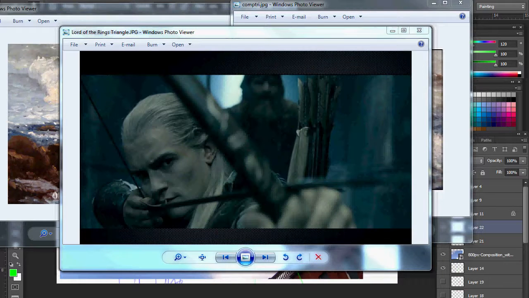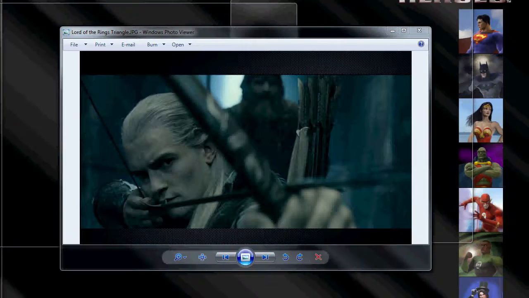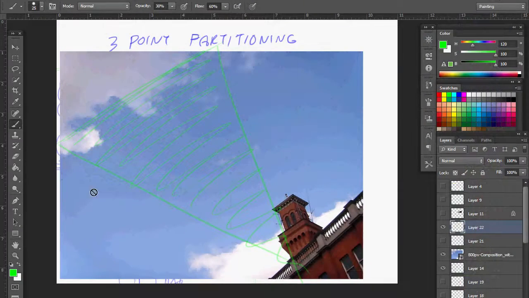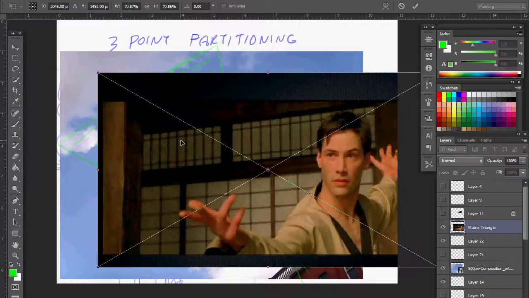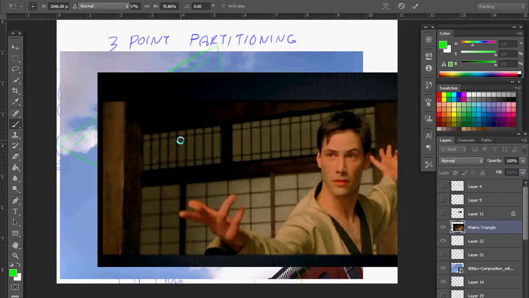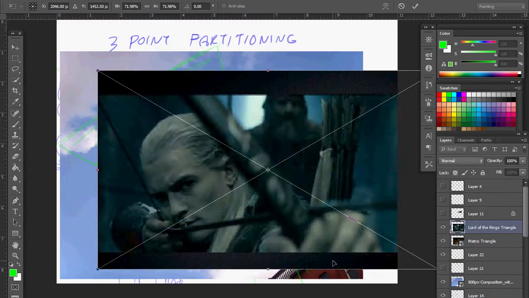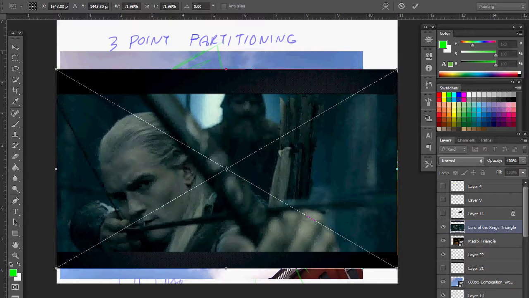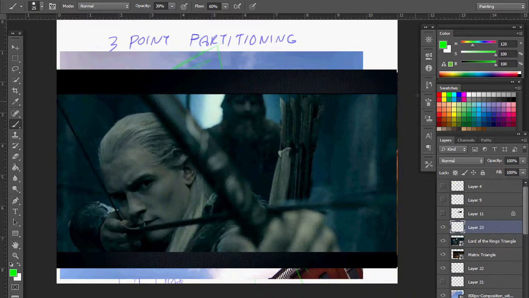Wait, I'm going to open up these images in Photoshop so I can draw it out for you. Oh, Matrix. Yeah, I'll get to the Matrix guy in a second. Watch. Three-point partitioning.